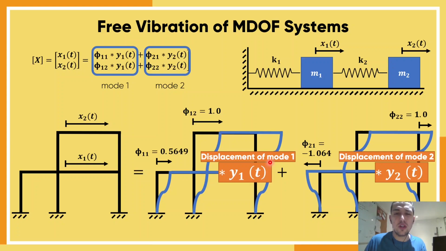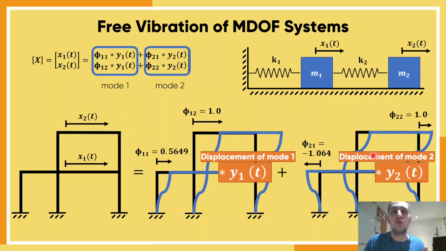So basically what we're going to do is try to track where mode 1 is with respect to time, and if we know where mode 1 is, when we multiply by the mode shape, then we know where the first mass is and where the second mass is. But this is not enough, because we also need to consider the contribution from mode 2. So what we're going to calculate with respect to time is the displacement of mode 2.